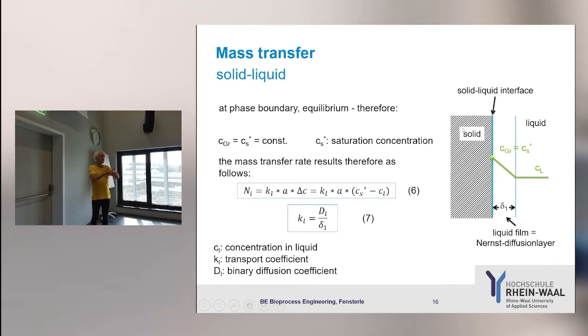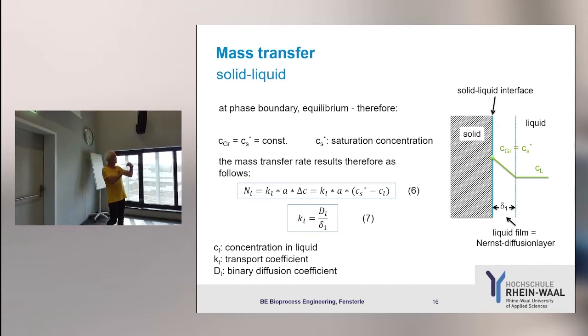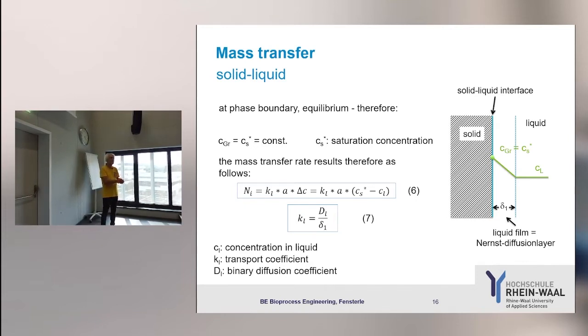And of course, if I have diffusion, this means that on the surface of the solid phase, CGR, I am in an equilibrium. By definition, otherwise it would make no sense. And therefore the concentration at this position has to be the solubility of the substance. So directly next to the phase border of my crystal of salt, for example, I will have a concentration which is exactly the concentration which I can achieve with the solubility.